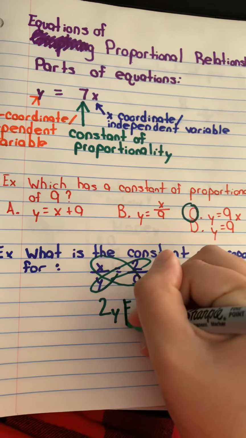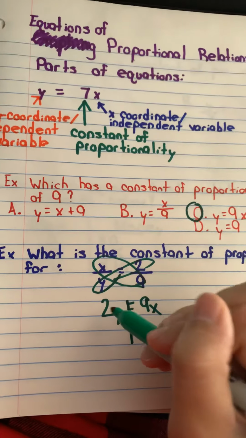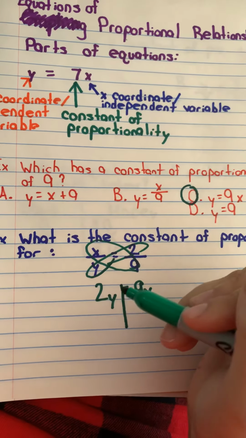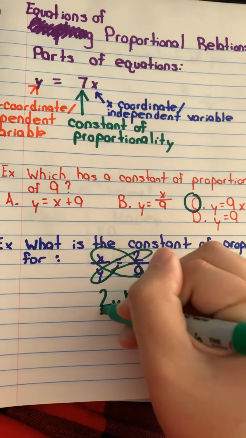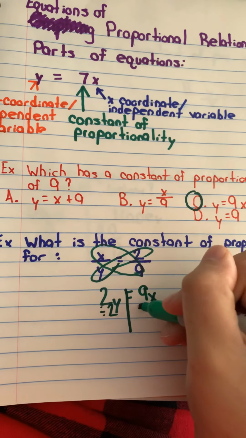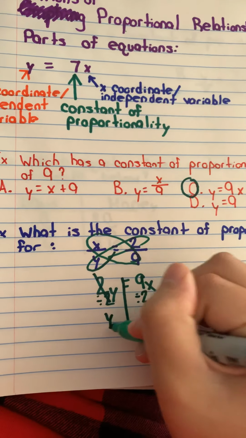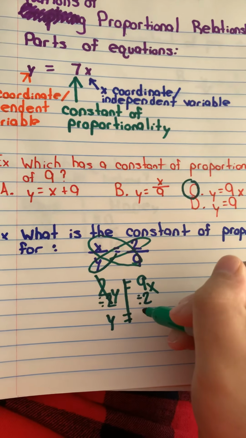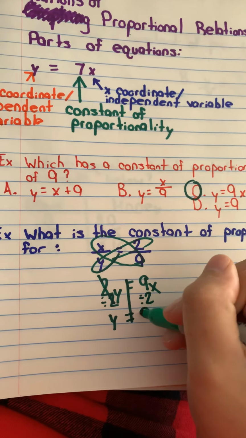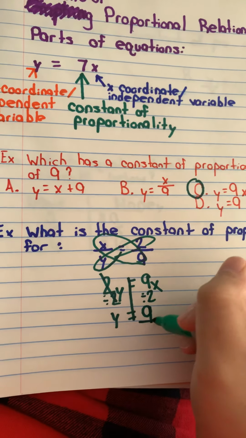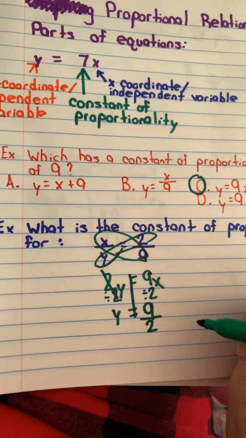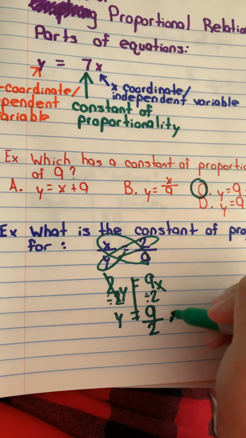So like we always did, I put the line straight down. Because the 2 and y are touching, I know that's multiplication, so the opposite's division. I'm going to divide by 2 on both sides. We know those 2's cancel out, and I have y equals 9 divided by 2. And remember, I can just write it as a fraction, 9 over 2, because the fraction bar means division, and keep the x.